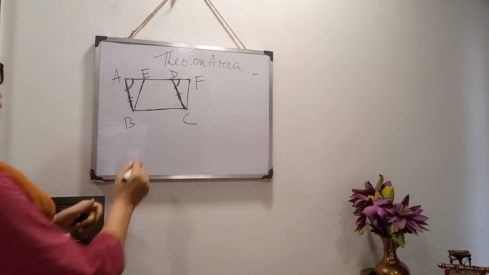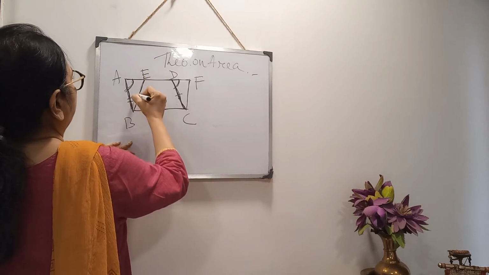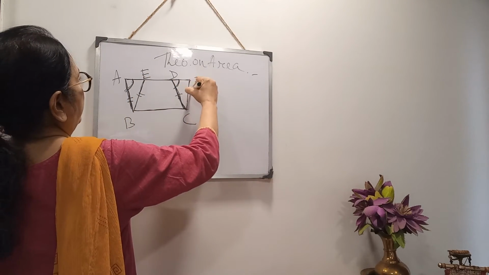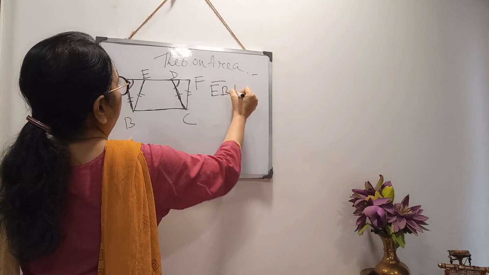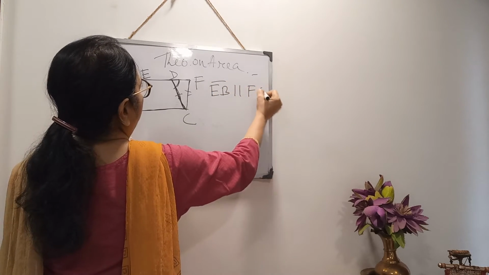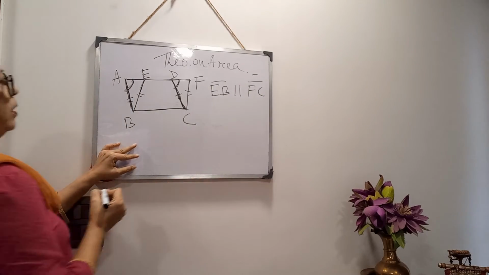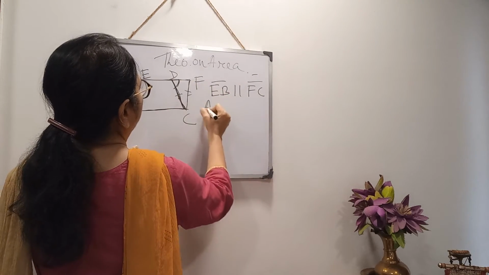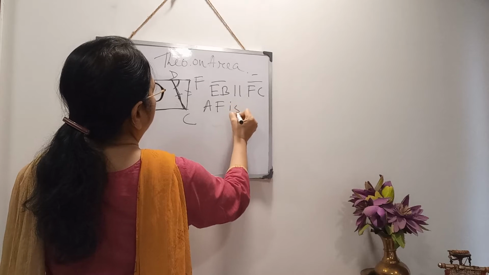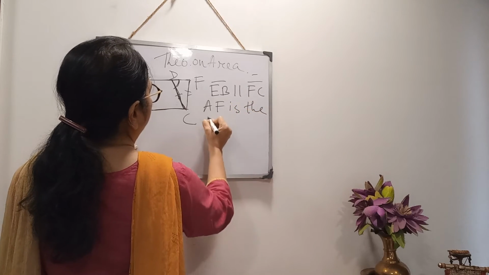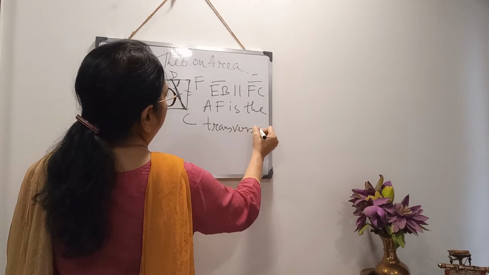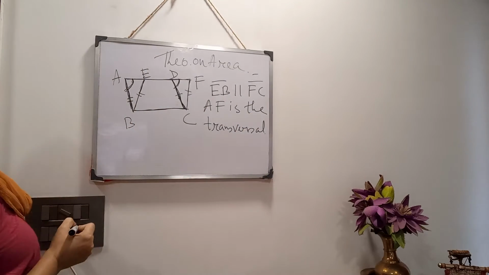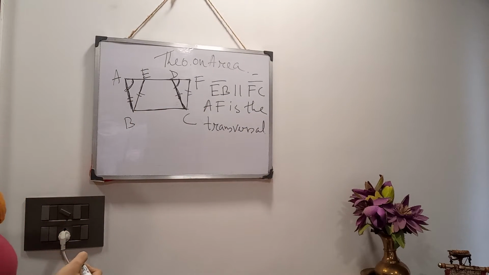Again, you see EB is parallel to FC and AF is the transversal. So what can we write again?